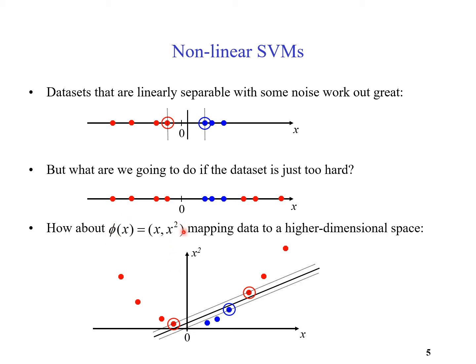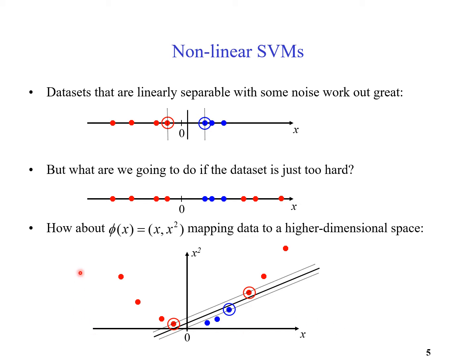So again, in summary, in nonlinear data set, we cannot use linear SVM, right? So to solve it, we expand the input dimension into higher dimension. In this case, one dimension is expanded to two dimension. So in higher dimension, we find linear classifier.